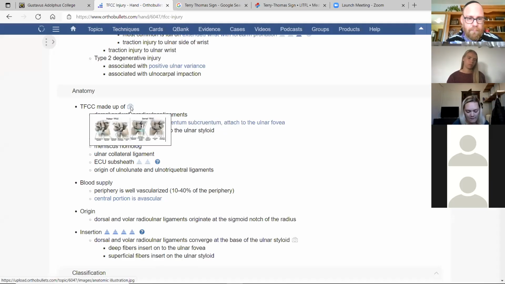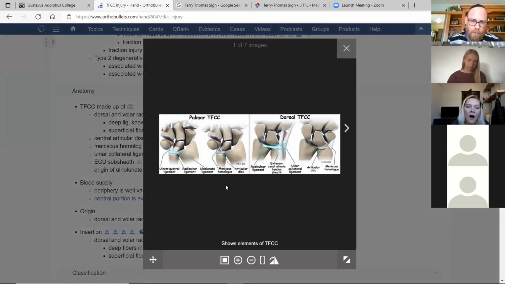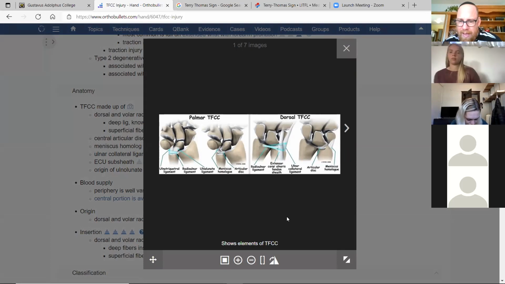Check it out. So what makes the TFCC up? The dorsal side of the wrist. When we think TFCC, we really need to know that we're focusing more on the lateral aspect of the wrist. There is basically a disc of cartilage called the articular disc, and that sits right between the ulna and the triquetrum on the lateral side.